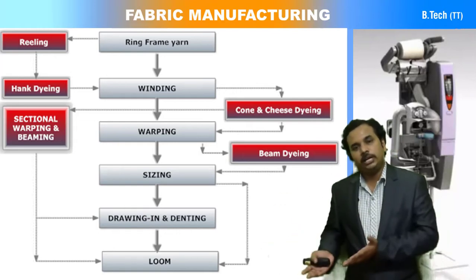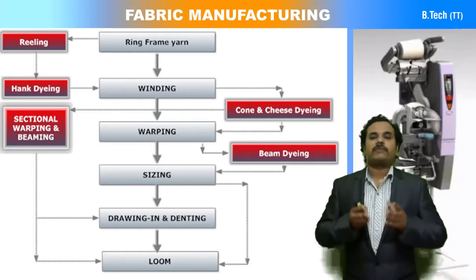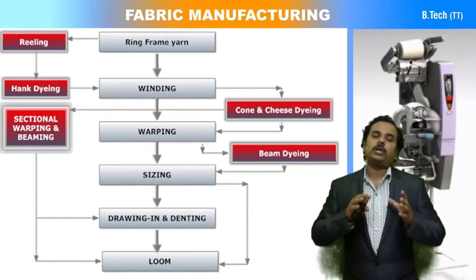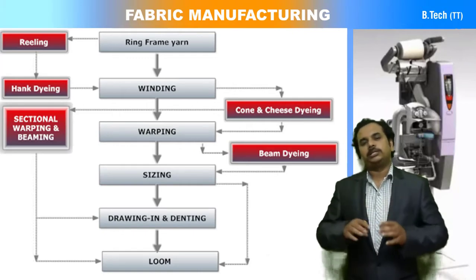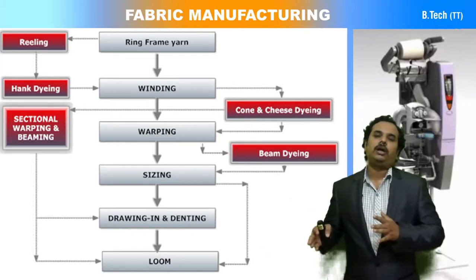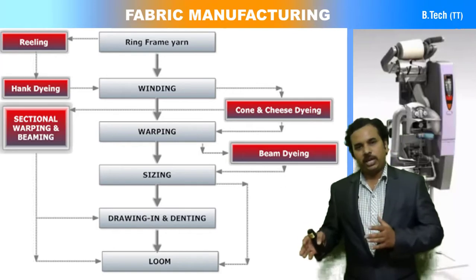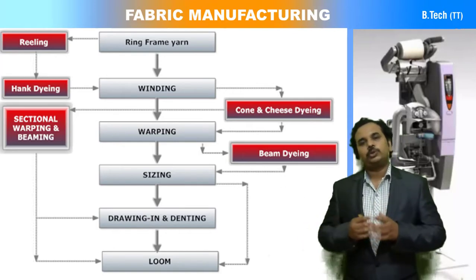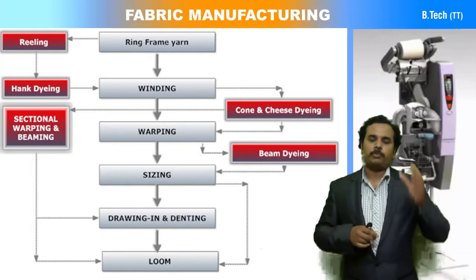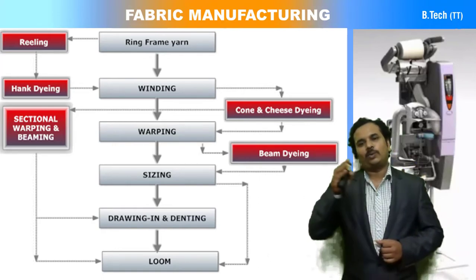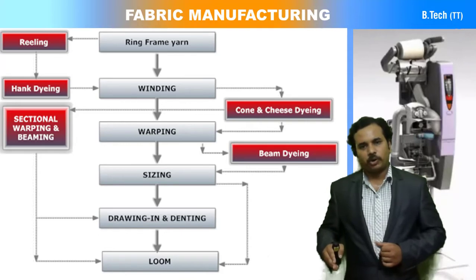If we have shuttle-less looms, then directly from the winding machine, whatever cones are prepared, the larger packages can be used directly in the weaving area as weft. So there are two processes: the warp preparation process and the weft preparation process.